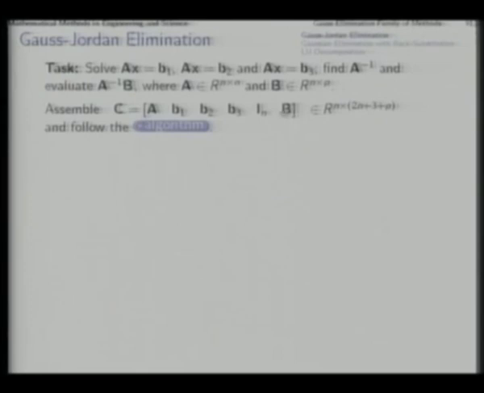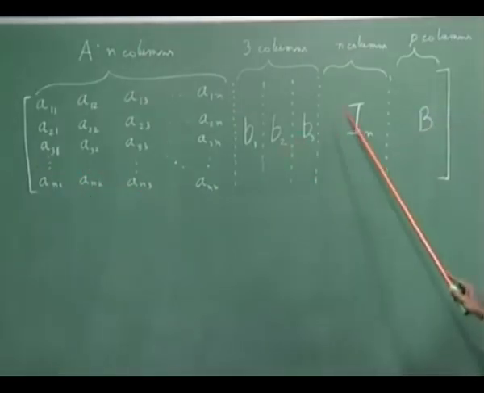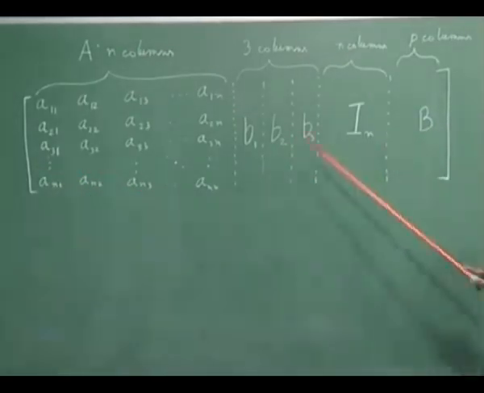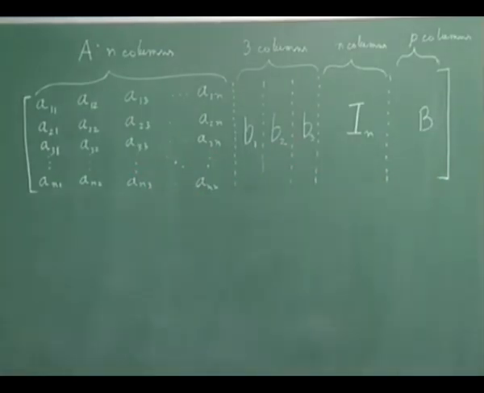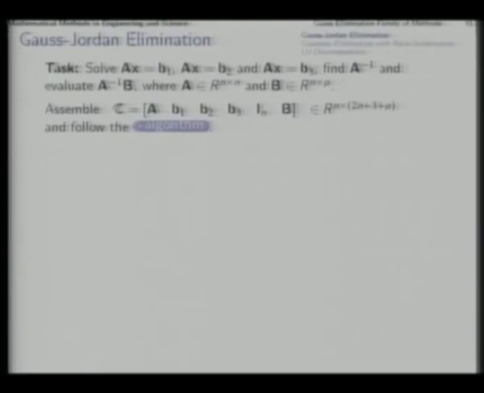After assembling this matrix, we have a matrix of size n by 2n plus 3 plus p. In this 2n plus 3 plus p, we have n columns here in A, n columns here in the identity matrix, 3 columns for the 3 right hand sides, and p columns here in B. After we assemble this large matrix, which has been denoted here as C, then we follow the algorithm.